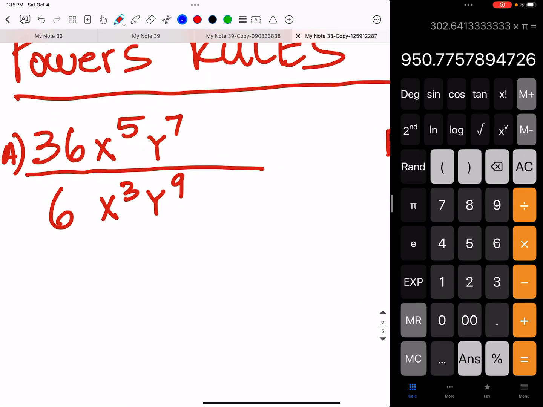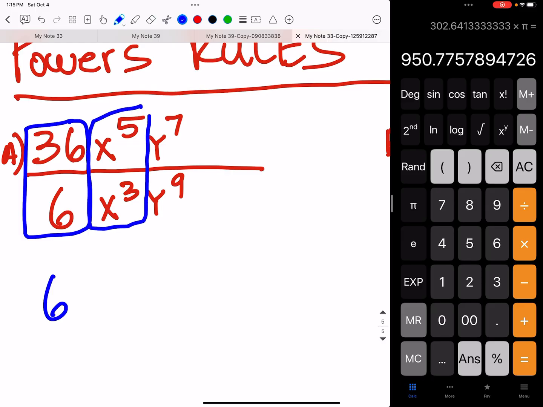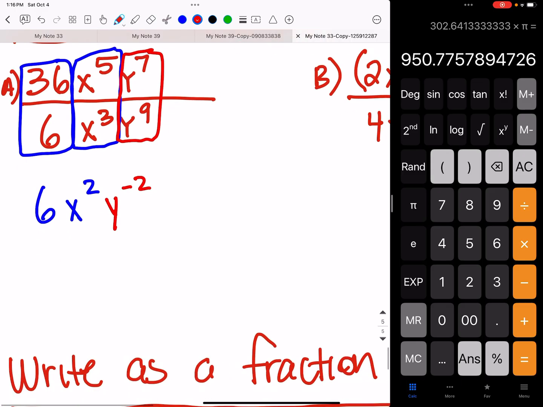Over here, powers rules. Normal numbers, normal division, 6. Powers, 1 less than division is subtraction, so we subtract those. And this is y to the -2. This is technically the right answer, and we'll talk about this more, but you're not really supposed to put negative powers in your answer.